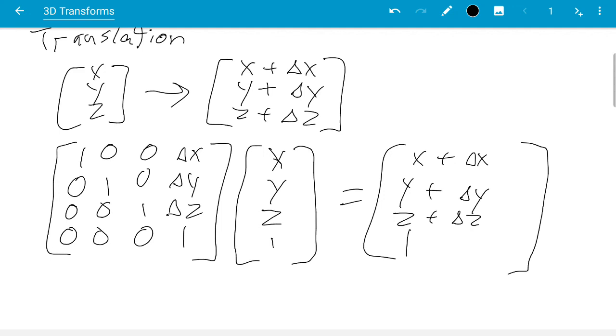But for now, this gives us the tools we need. We're going to have to extend our other matrices by adding another row 0, 0, 0, 1 and another column 0, 0, 0, 1 to all of our matrices so far, but they work exactly the same otherwise. So that's great. That gets us there.